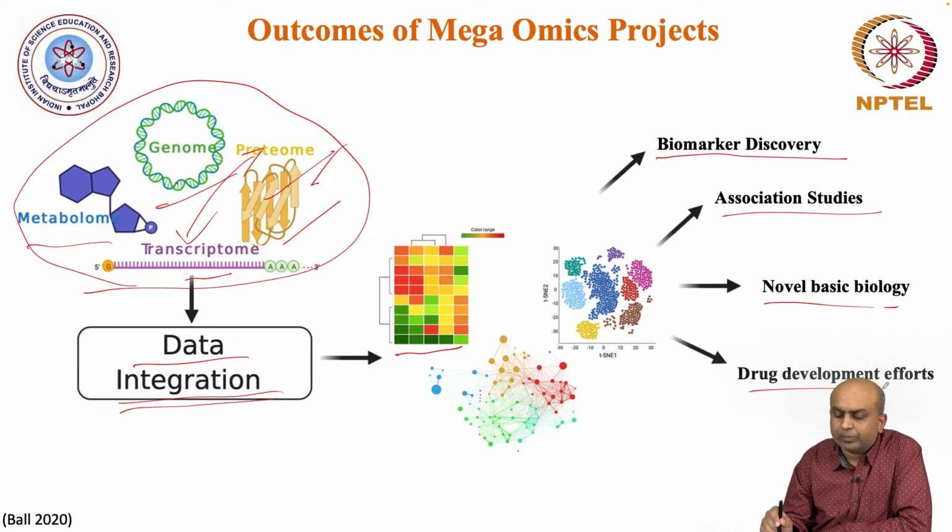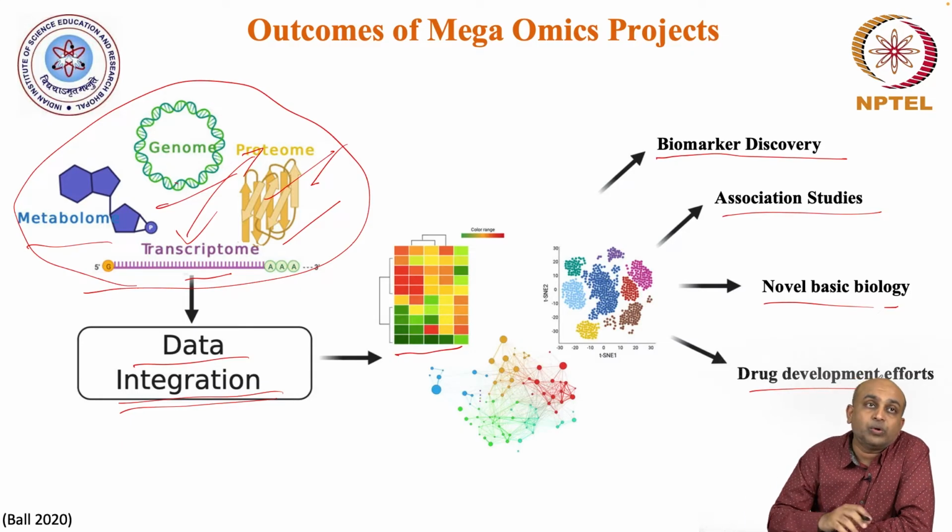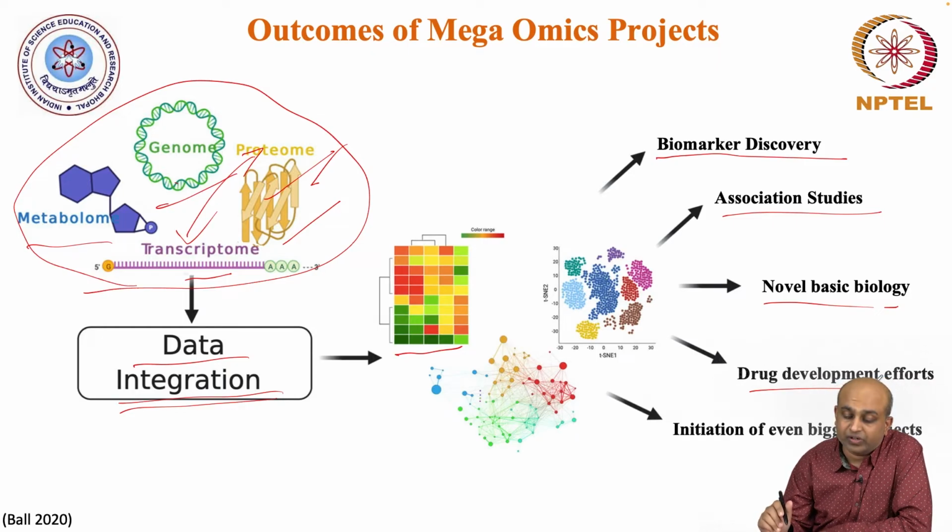It can also help in drug development efforts, because if you are focusing on some specific goal, like some specific disease, you may have samples where different drugs have been given to patients, and you can monitor the outcomes when these different drugs are given, and this can in turn help decide what type of drugs are effective in this particular disease. So this is again another useful thing that can come out of this, because you have a large enough data set where you can evaluate the effect of different types of drugs.